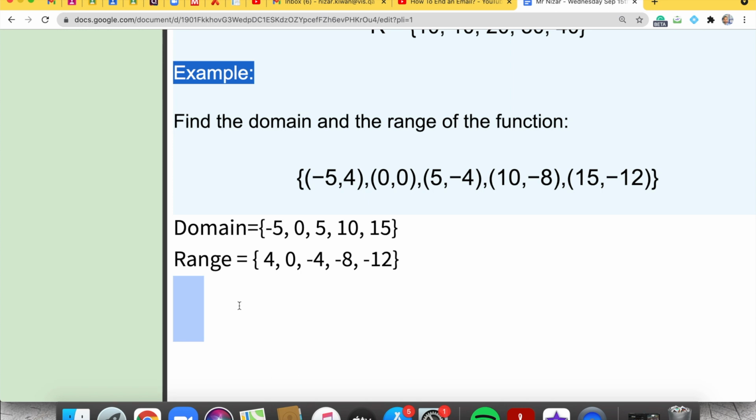Remember, you need to write them as a set because it's different values. So you need to put them between the braces. For the range, I will pick up the y values, which are the second number. So 4, 0, -4, -8, and 12. So for now, that's all about domain and range.